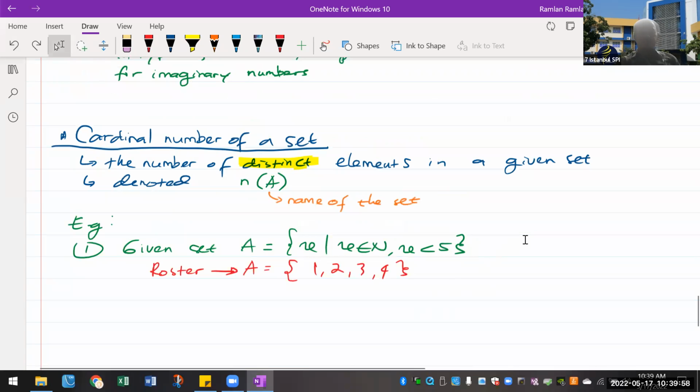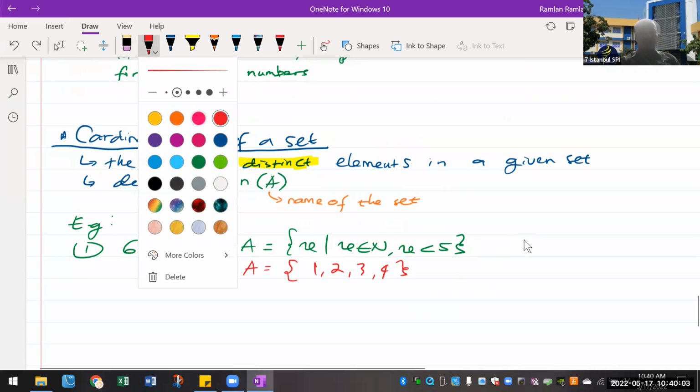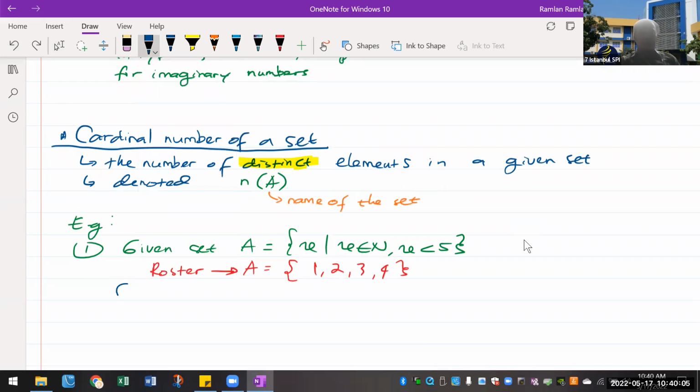Okay, now the cardinal number for this one is going to be denoted by N and then in a bracket A. Why is it A? Because the name of the set is set A, right?